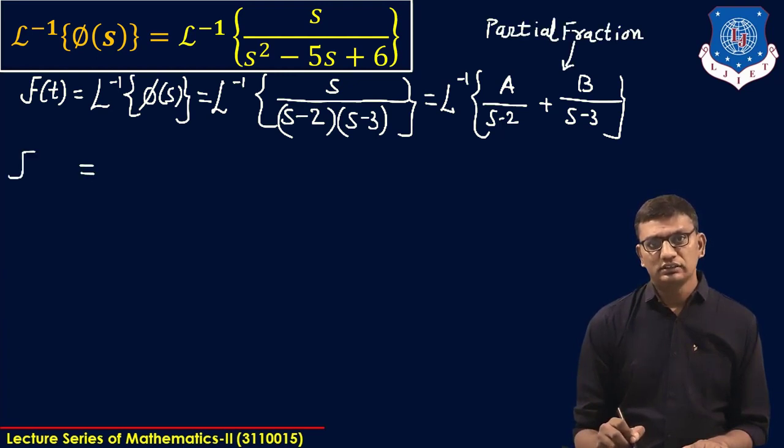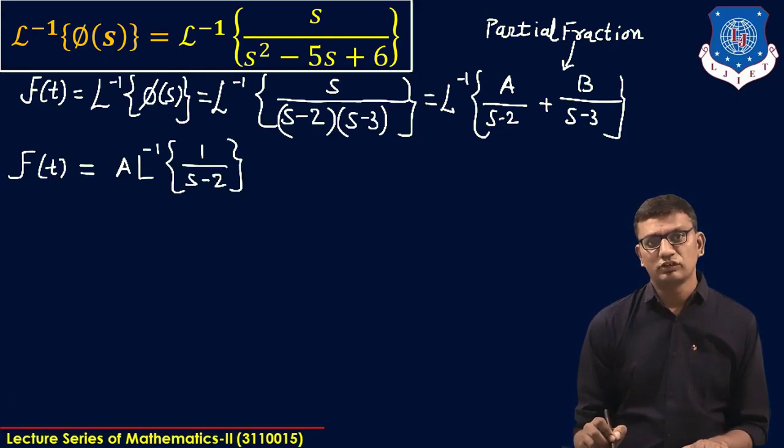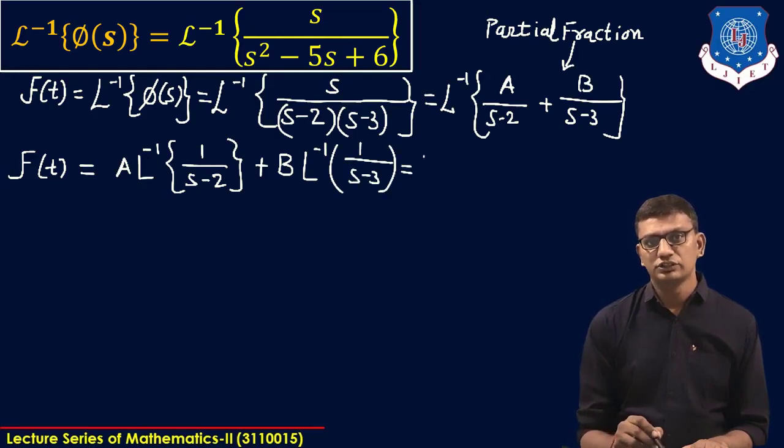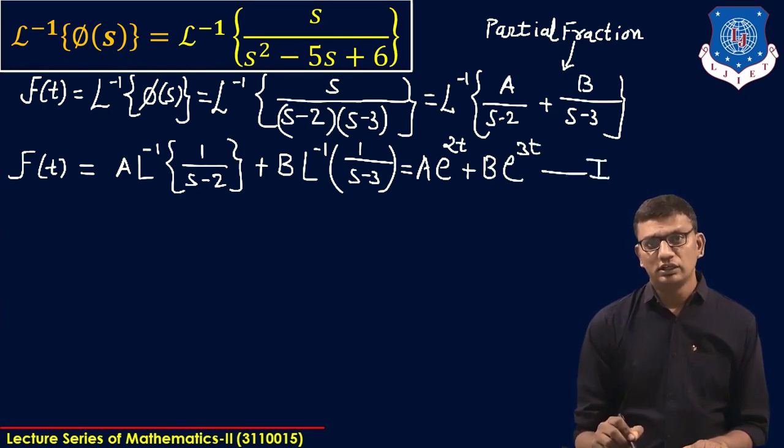Now we can rewrite our f of t as a times L inverse of 1 upon s minus 2, which is the Laplace of some function, plus b into inverse Laplace of 1 upon s minus 3, and it is also the Laplace of some function. That is, the first term is the Laplace of e raised to 2t and b times e raised to 3t. Here we have put the inverse Laplace of 1 upon s minus 2 and 1 upon s minus 3.